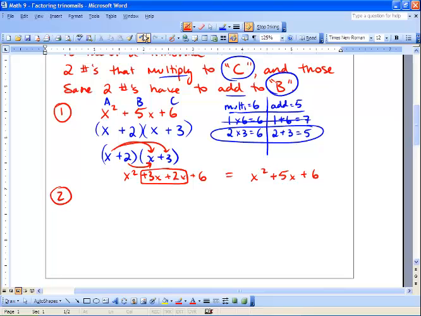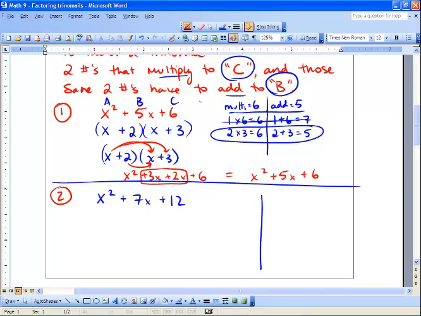We've got x squared plus 7x plus 12. Well, what two numbers multiply to 12 and add to 7? Now, if you're very good at your multiplication tables, you're going to start to see this right away.